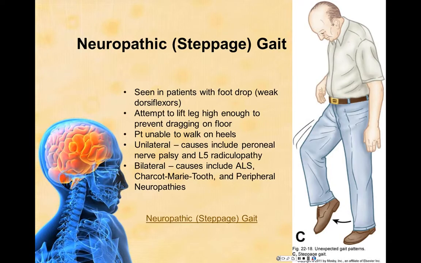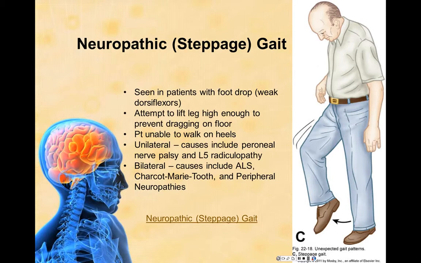This is what's called the neuropathic or the steppage gait. This is seen in some of the peripheral neuropathies. Patients who might have foot drop or weak dorsiflexors attempt to lift their leg high enough to prevent the dragging of their foot on the floor.